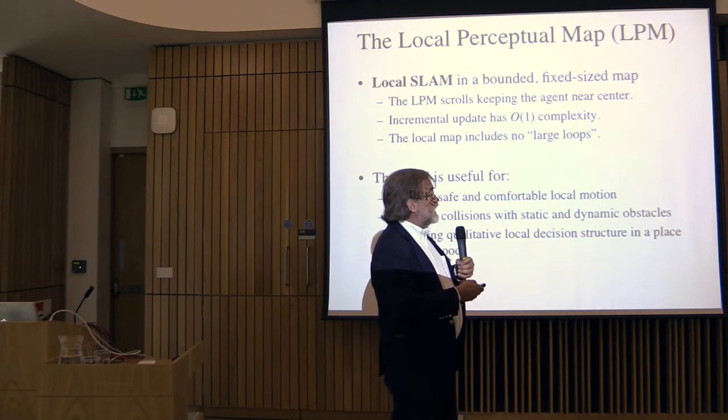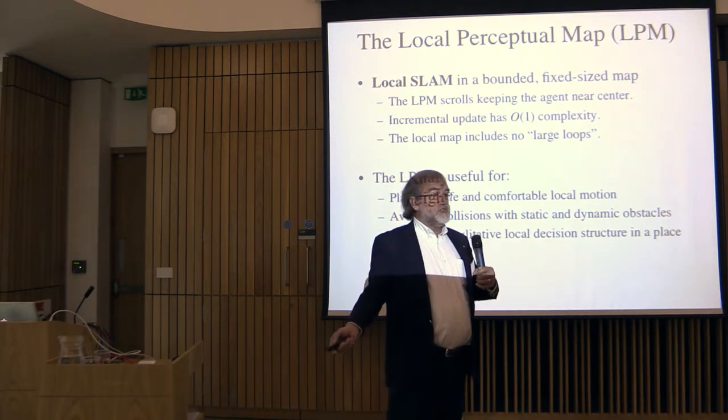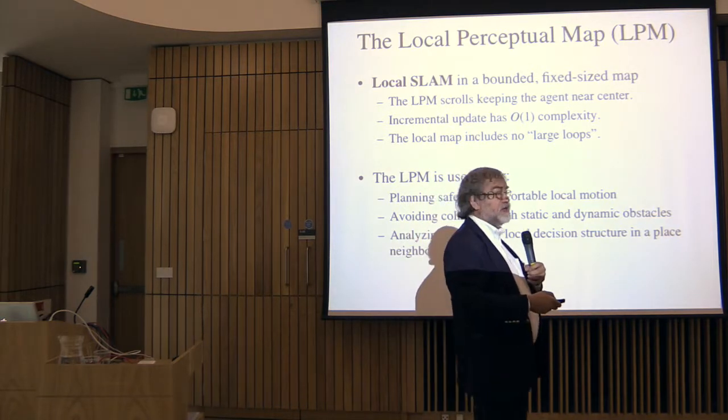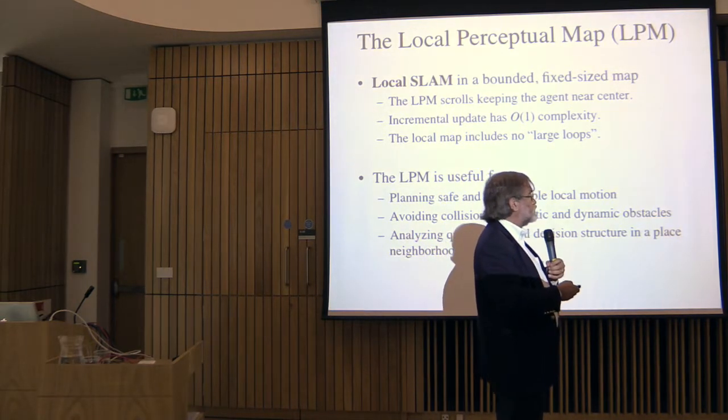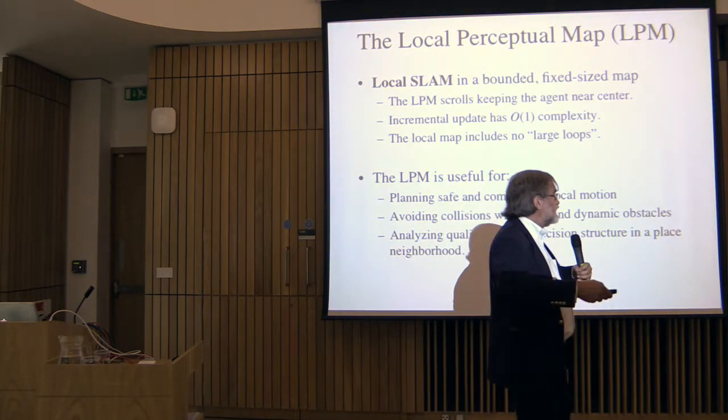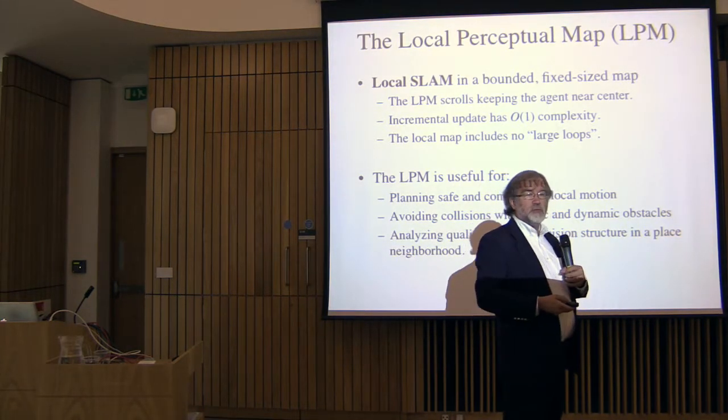The incremental update has constant complexity, and this is designed to be a map of small scale space, so by definition it doesn't contain large loops. It also contains most of the information that you need in order to plan safe and comfortable motion.